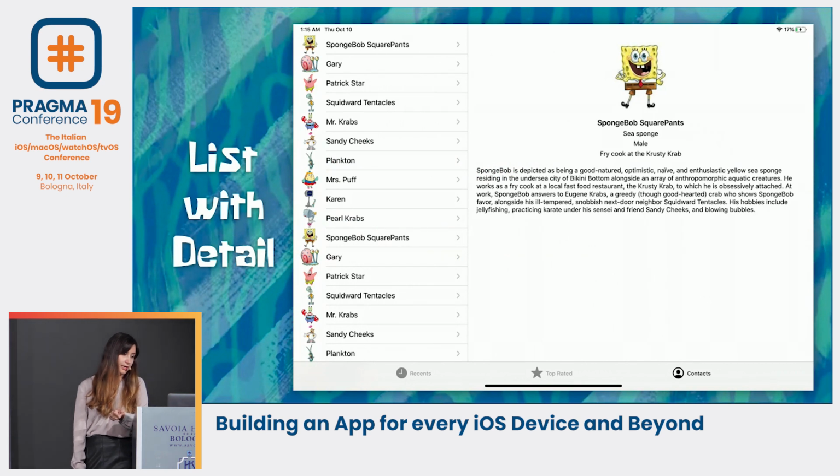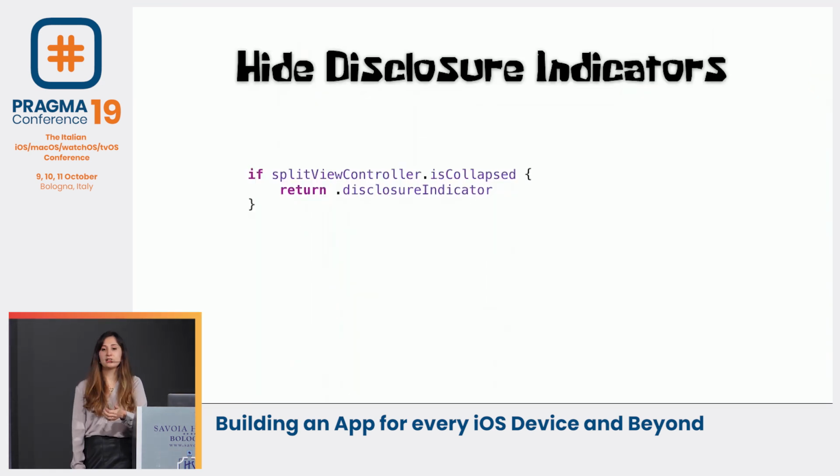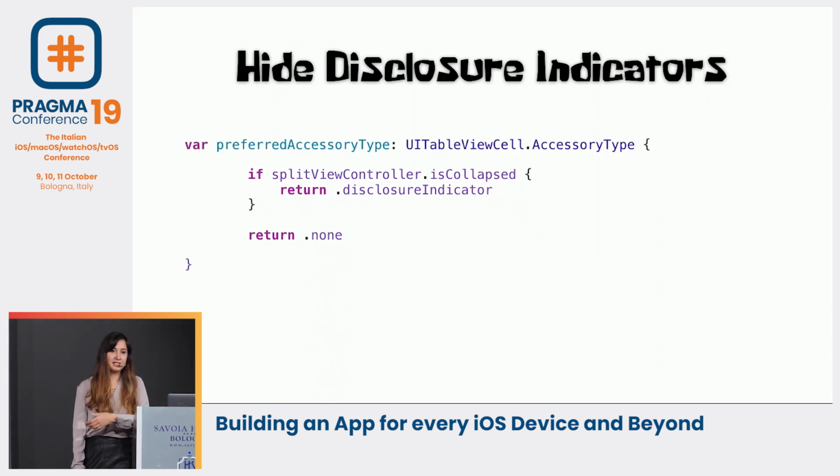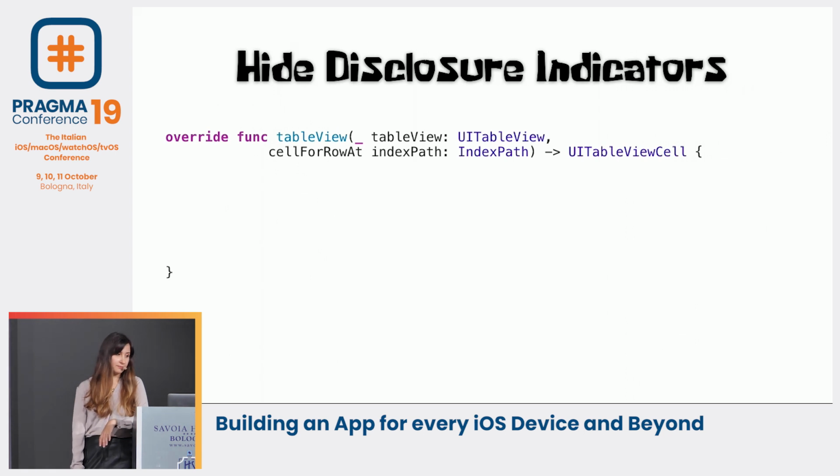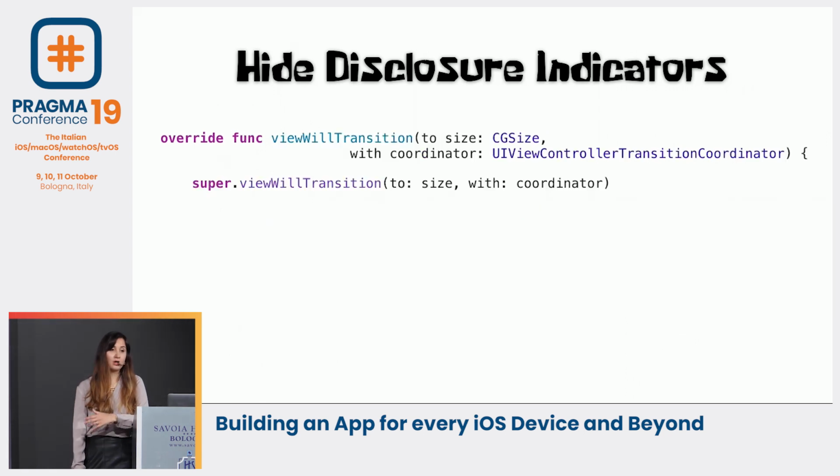So here we go, and we still have to take care of those disclosure indicators because we don't want them there when we're in split view mode. So we will check if it's collapsed, and if it is, we will return disclosure indicator. If not, we will return none. We will make a variable like this, and we will use it in the cellForRow method, but we will also use it whenever the screen transitions.